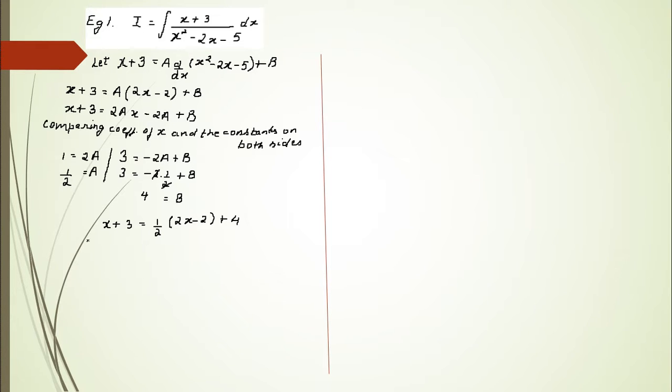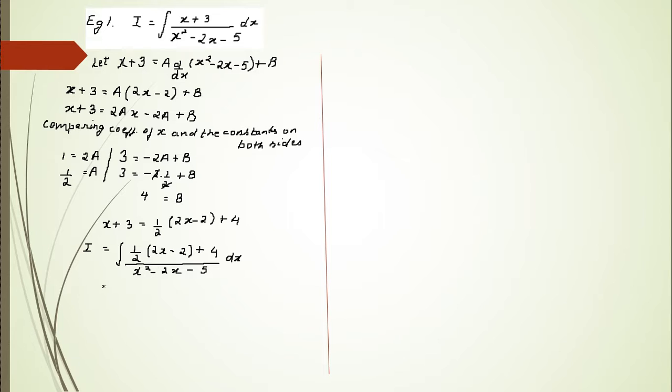Therefore now we can write I is equal to integral, now for x plus 3 we write this, 1 by 2 into 2x minus 2 plus 4, whole divided by x square minus 2x minus 5, whole dx. Right? Now let us separate the terms.